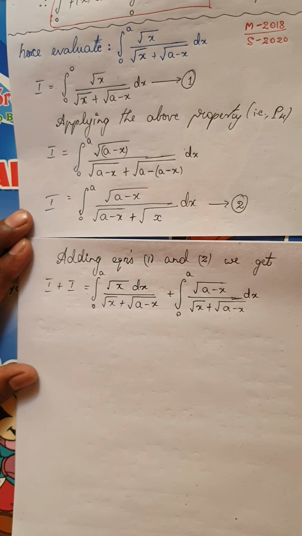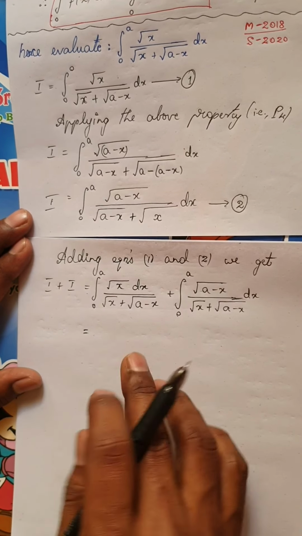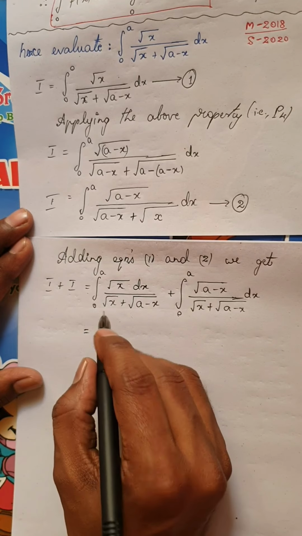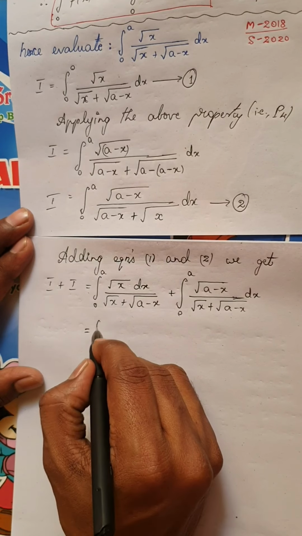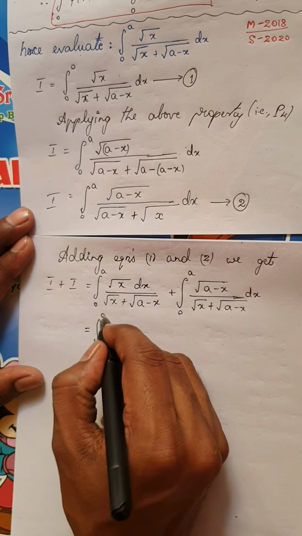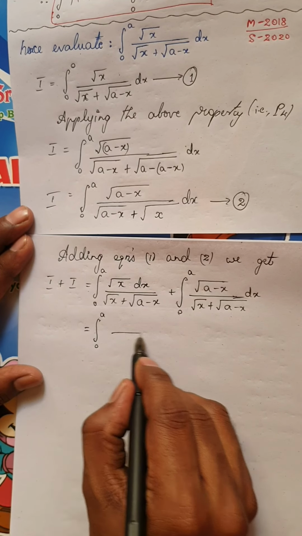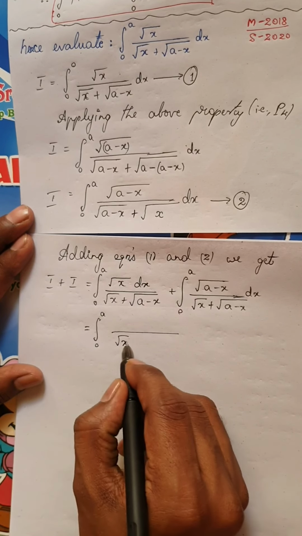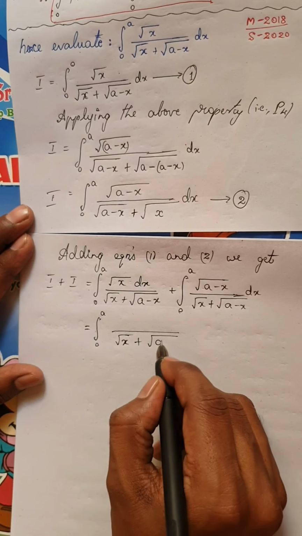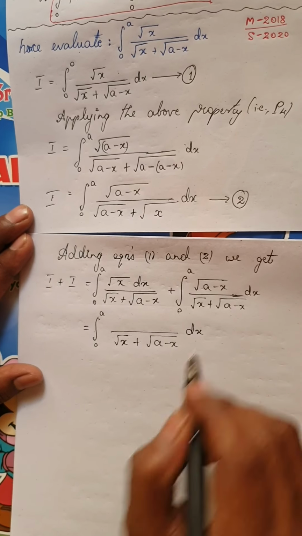Now you can see that using the property of integrals, you can take a common integral for this because the denominator is same. So 0 to a, now you can take a common denominator for both, it is root x plus root of a minus x dx as it is.